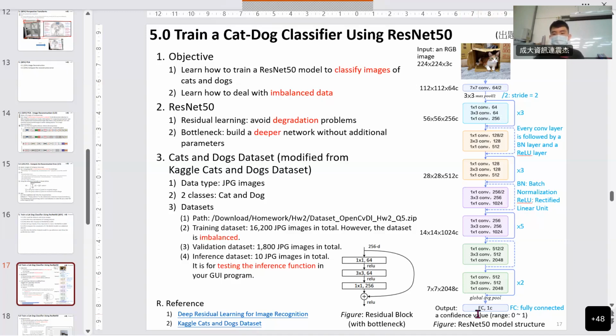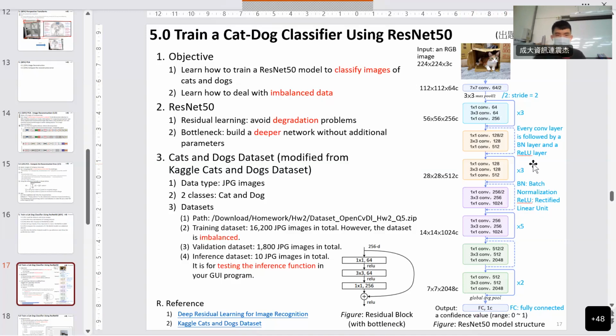So we use these values to decide what the input is, and this shows how confident the model is that the input image is a cat.